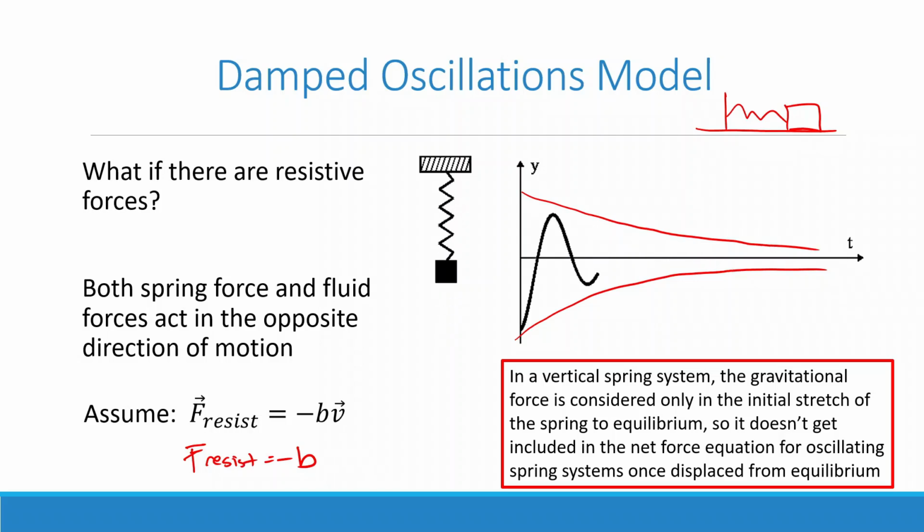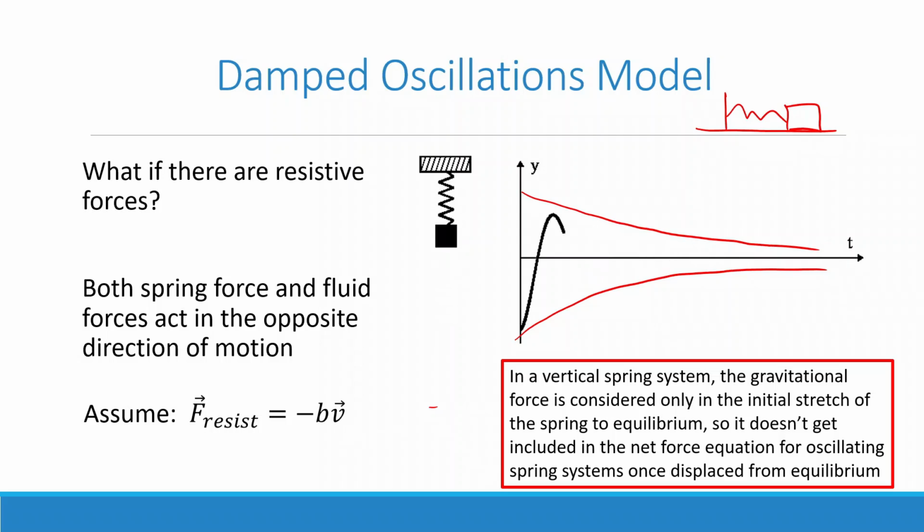You could also have, if you have really, really fast oscillations, as we saw with drag, a b squared model. So this is just one example of what this is going to look like. So we're just going to assume that this is our standard resistive model here.